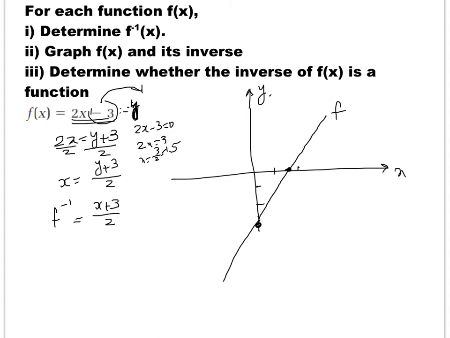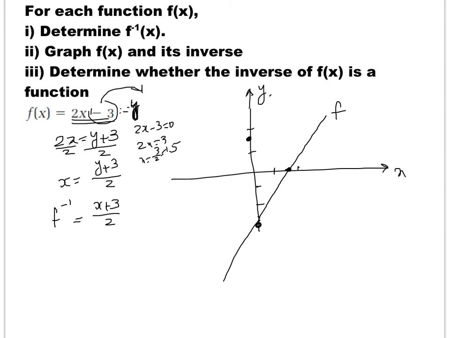so this is going to be my function f. Now to plot f of minus 1, I do exactly the same thing. To find the y-intercept, I'm going to set x equal to 0. If x is 0, then f minus 1 is 3 over 2, which is 1.5. So this means that 1.5 is here.